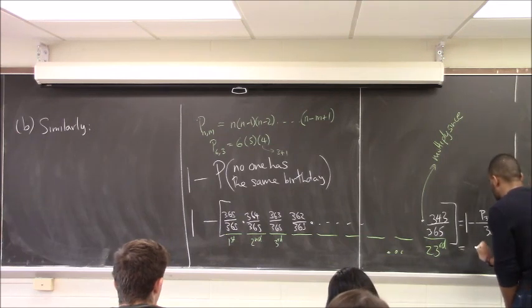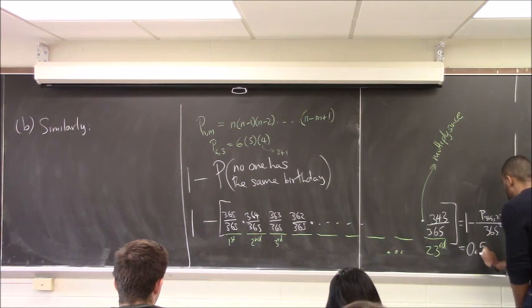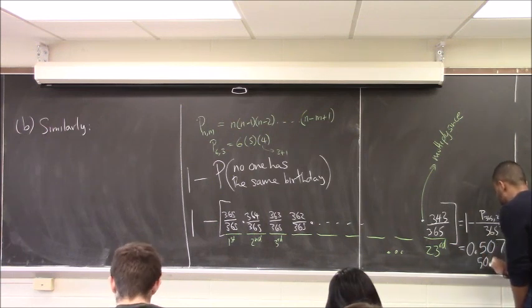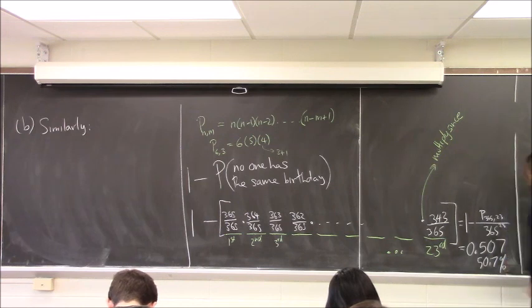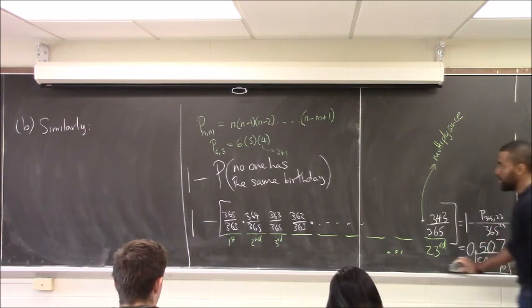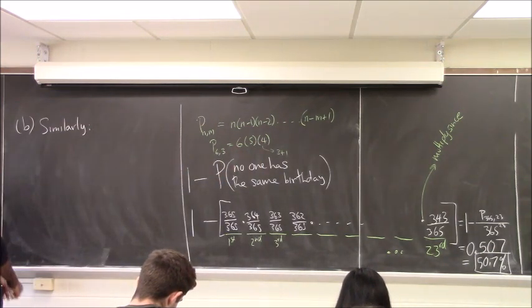That's 1 minus 0.49, which gives us 50.7%. So it's a little bit more than half. Forgot the minus 1. So it's likely that two people have the same birthday.